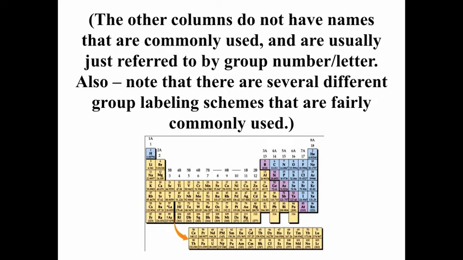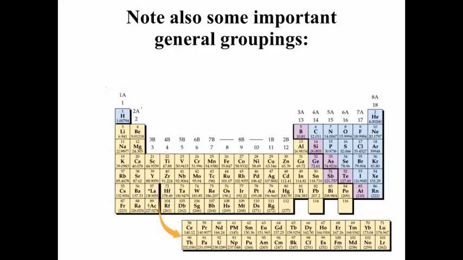Also note that we sometimes use different numbering schemes. If you look across the top, it's 1 through 18, which is now becoming more generally accepted, and the older system of 1A, 2A, and then some 3 and 4Bs as well is gradually going out of favor.